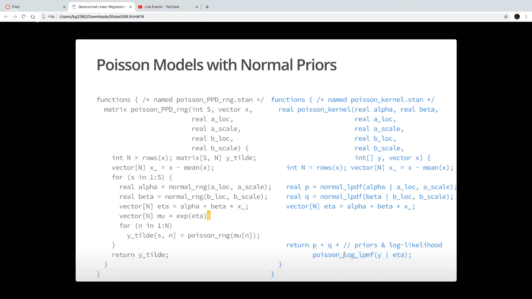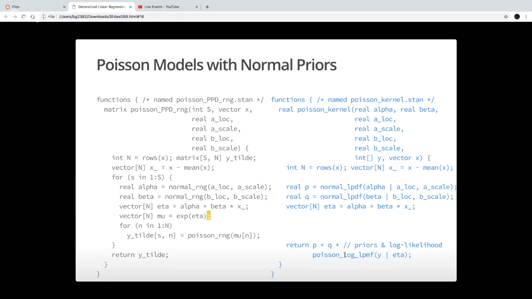And then for my likelihood, I call Poisson, which is the distribution we want to use for the data, log, which is the link function in this Poisson model. So mu is related to eta by logarithm if mu is equal to e to the eta.